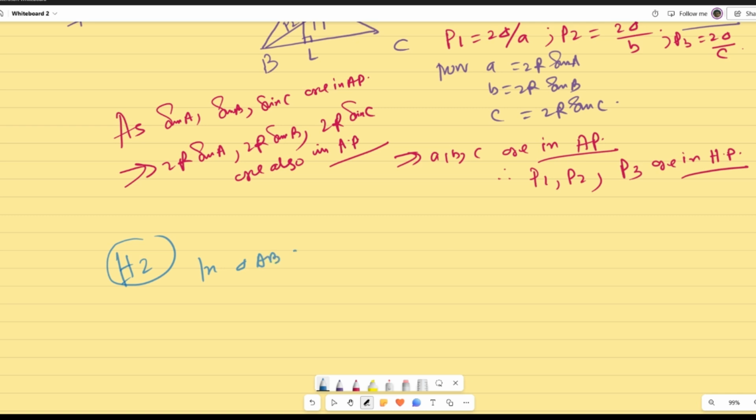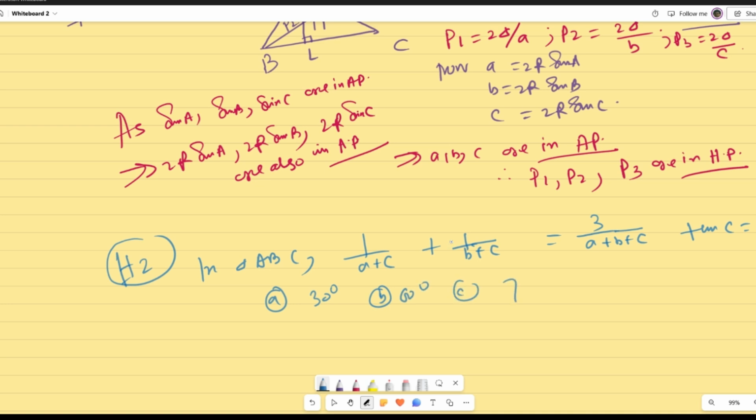In triangle ABC, 1 by A plus C plus 1 by B plus C equals 3 by A plus B plus C, then C equal to what? 30, 60, 75 or 90 degree. This we have to find.